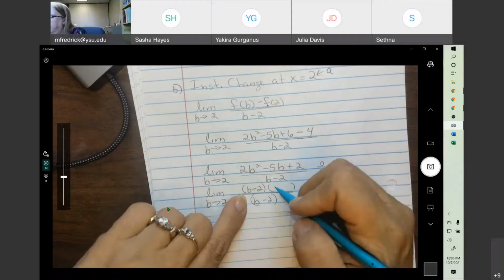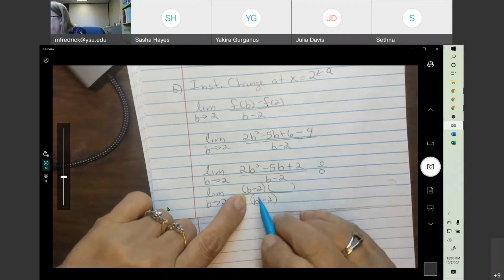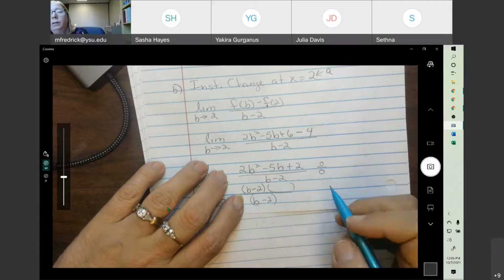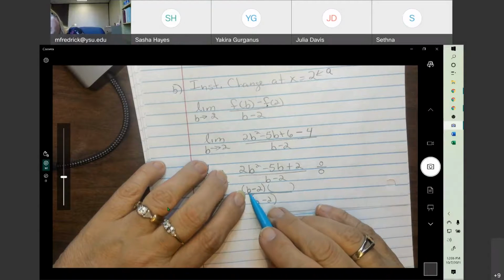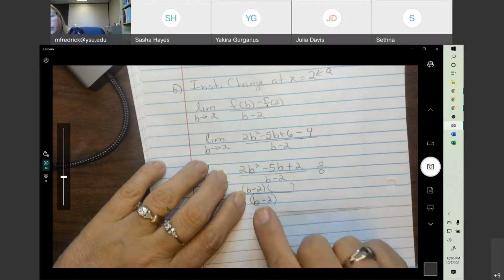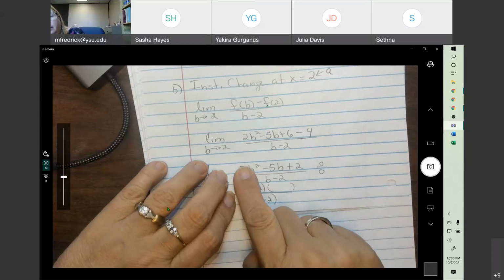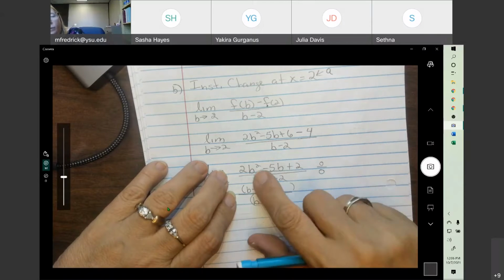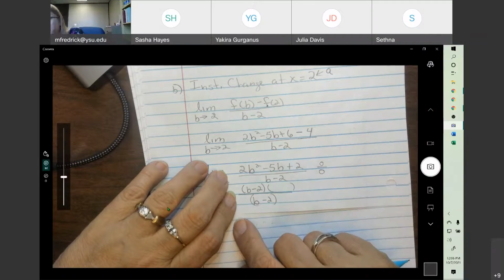To find the other one, you can use your factoring rules, or we know this is a factor. So b times what will give me 2b squared? Use the first one to get this, use the second one to get this, and the middle will fall into place.